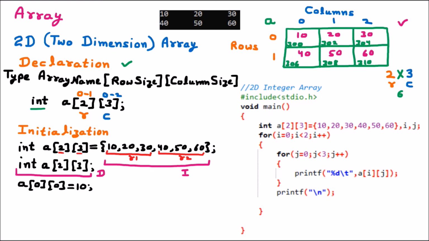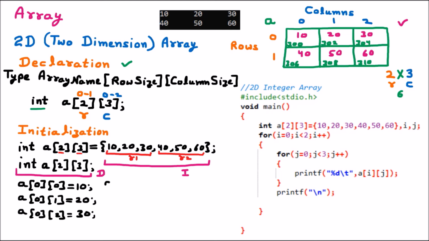This is also initialization. So here we have to provide all the initializations one by one. So here again a[0][1]. So row and column is 0 and 1 and the value is 20. Then at 0 and 2, there the value is 30.